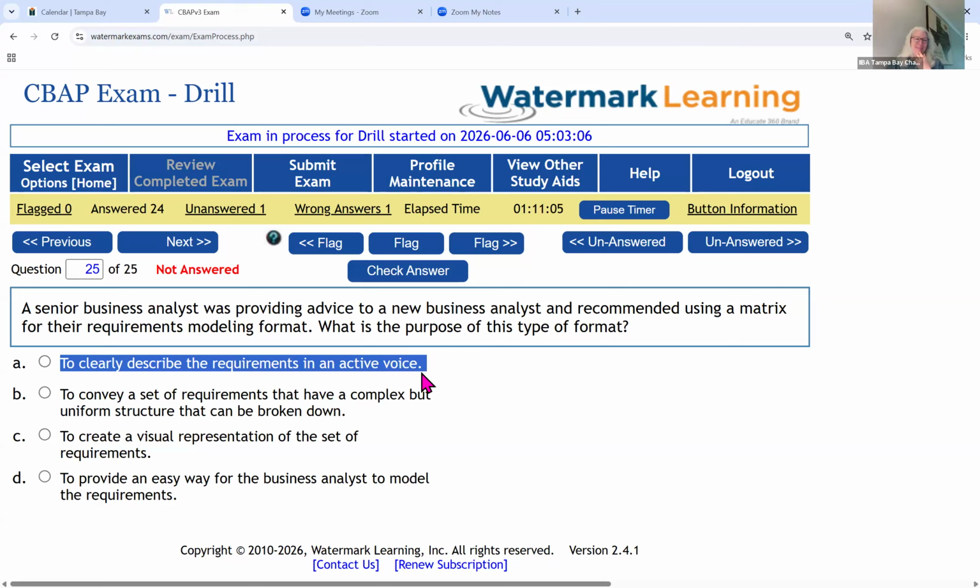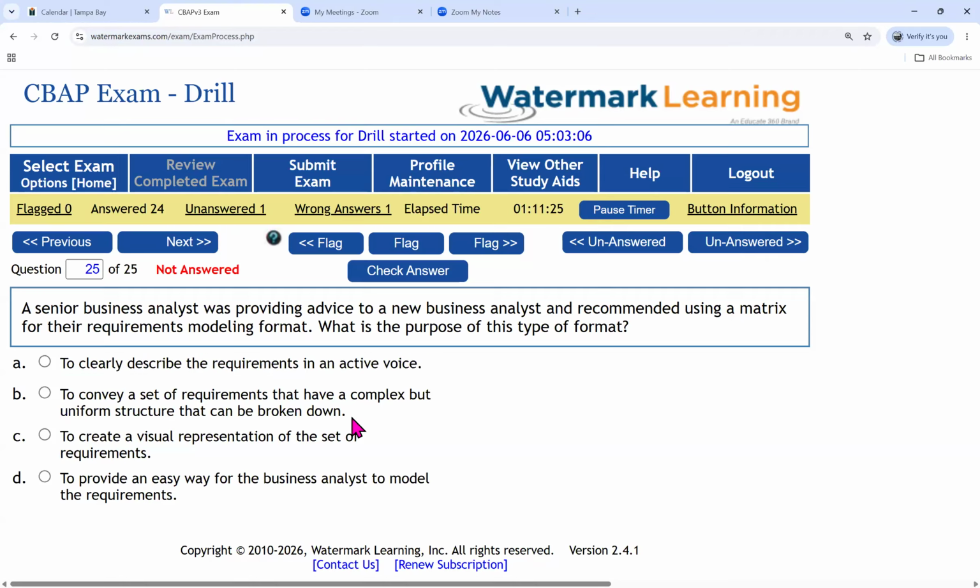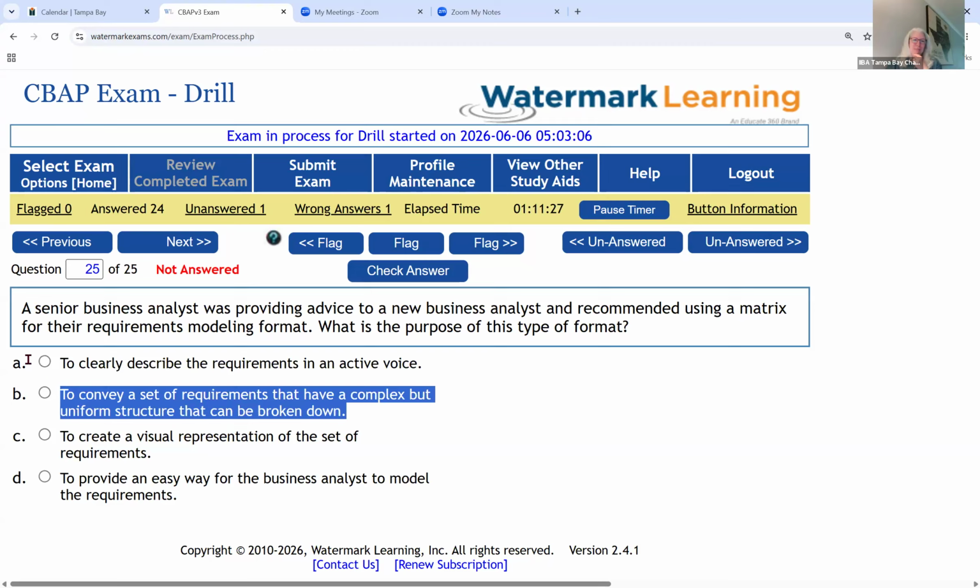Thank you, Jose. Is there another one we can eliminate? B. I would say that's more likely to be a functional decomposition. Okay, we can eliminate both of those.